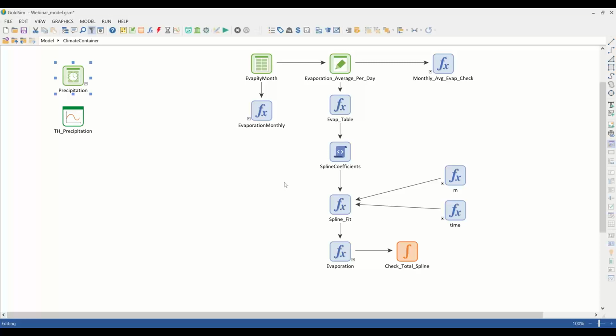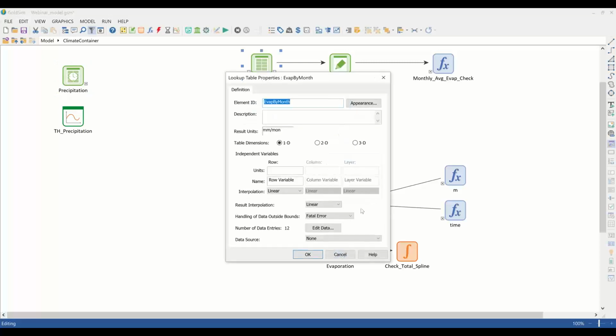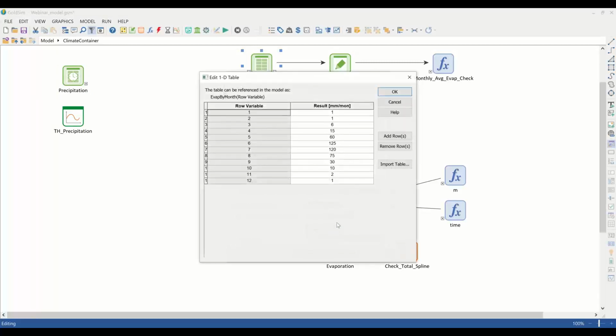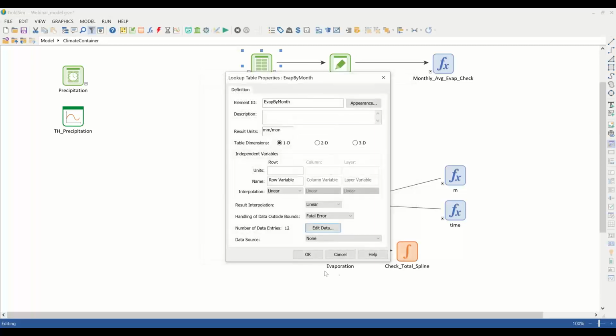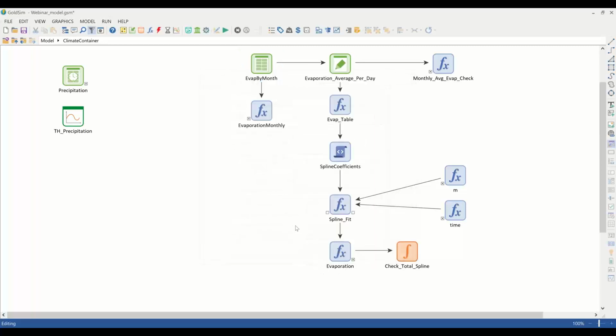I also have evaporation, and for the evaporation, I'm using just a monthly evap. This would be like a pan evaporation rate. And so I've got the month of the year and then the evaporation rate. The only thing that's a little bit different is I'm using a script element here to spline these monthly values so that I get a smooth transition between the months for the evaporation. This approach is directly out of the model library.